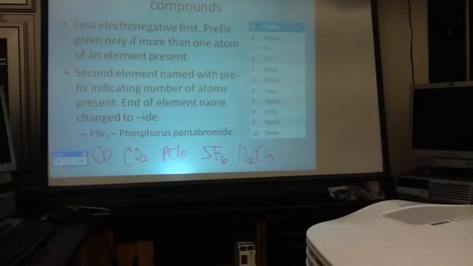Carbon monoxide, yeah. And when we're starting something with a vowel, we typically drop that second O. What about CO2? Carbon dioxide, right. And you hear those pretty much every day. All right, let's pause right there.